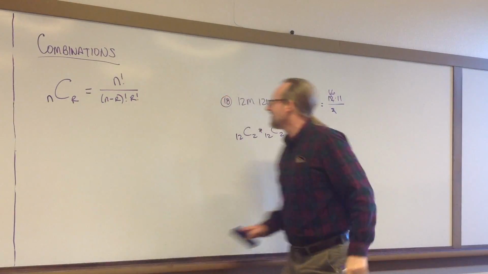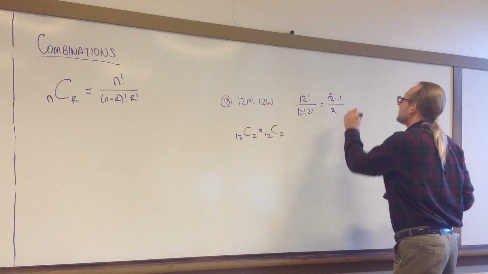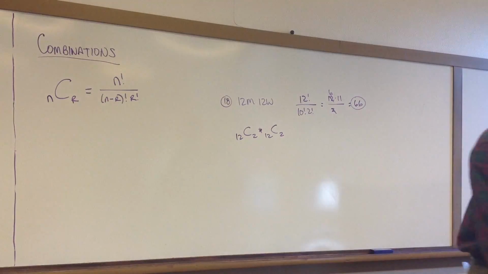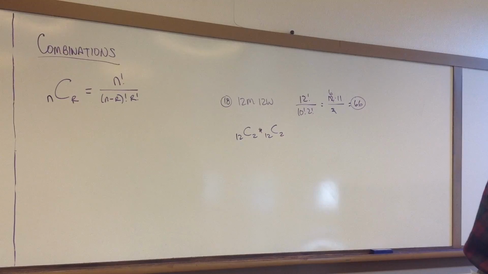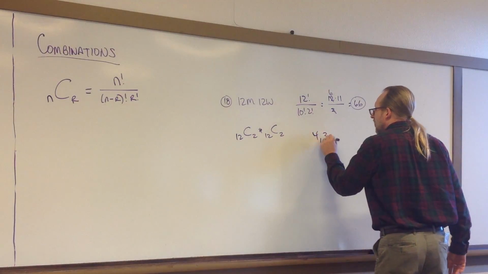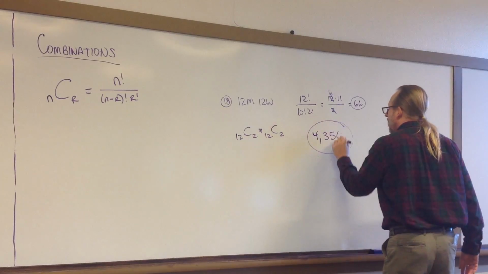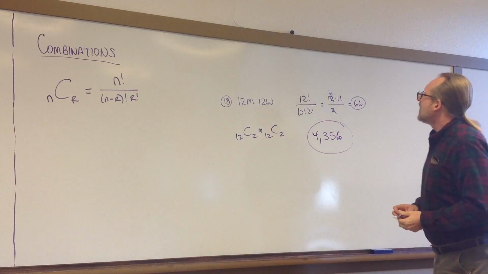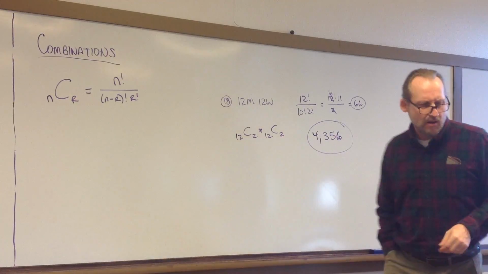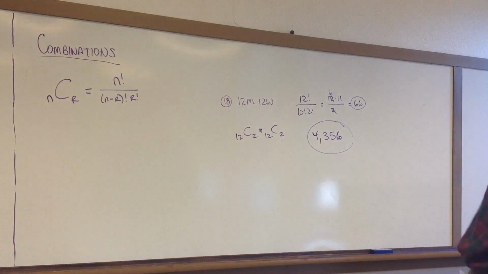Getting ahead of myself. There's only 1 6 there, and then when we multiply by 11, it's 66. So we just have to square 66, and that'll be 4,356. Okay. Let's see here. I think that's it for this section.